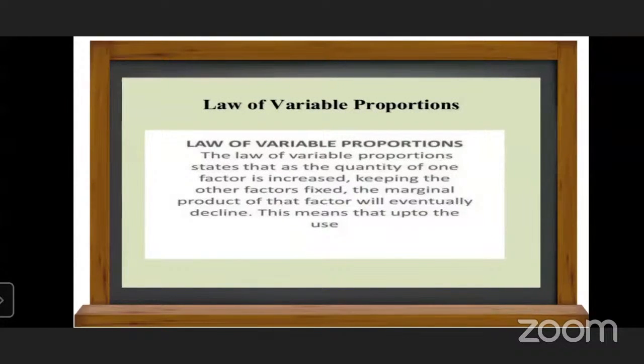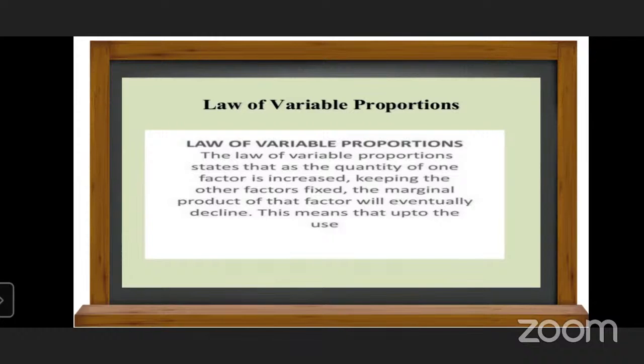When at least one factor is fixed, that is short term production. When all the factors are variable, we term it long term production. So when we keep at least one resource fixed, change one resource, and see the output changing with changing input, that relationship is called the law of variable proportion.